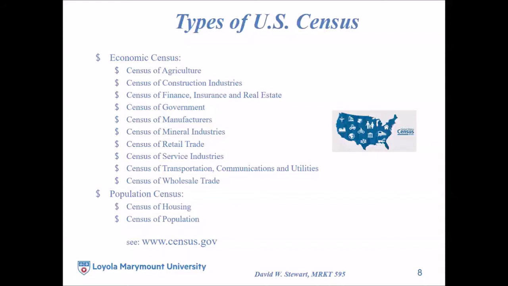Things about your house. What kind of house do you live in? What kind of appliances do you have? What kind of automobiles do you own? How frequently do you drive? Just a lot of information about the characteristics of the population. Again, very useful if you're trying to gauge demand.